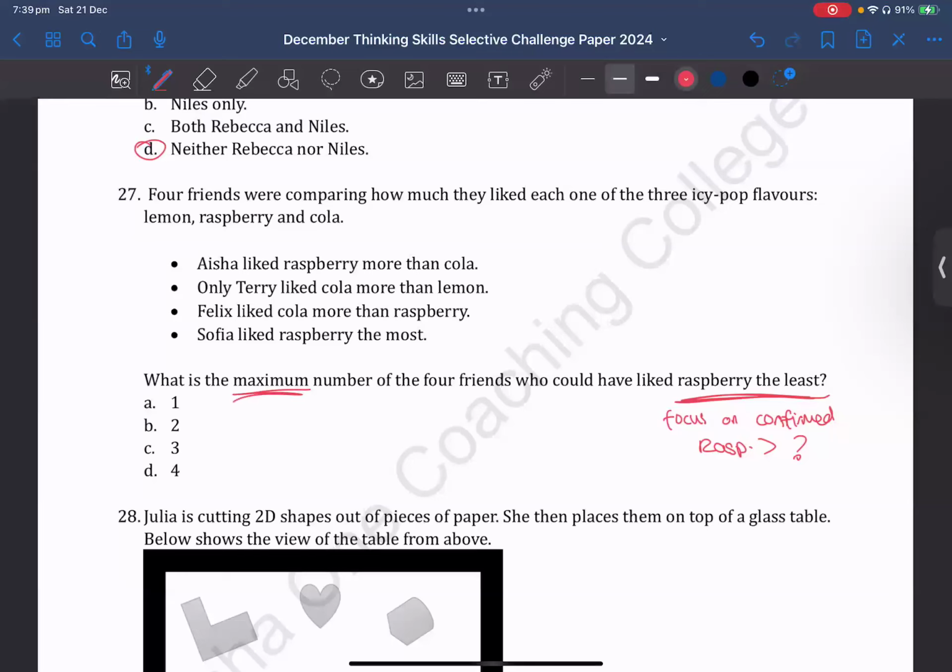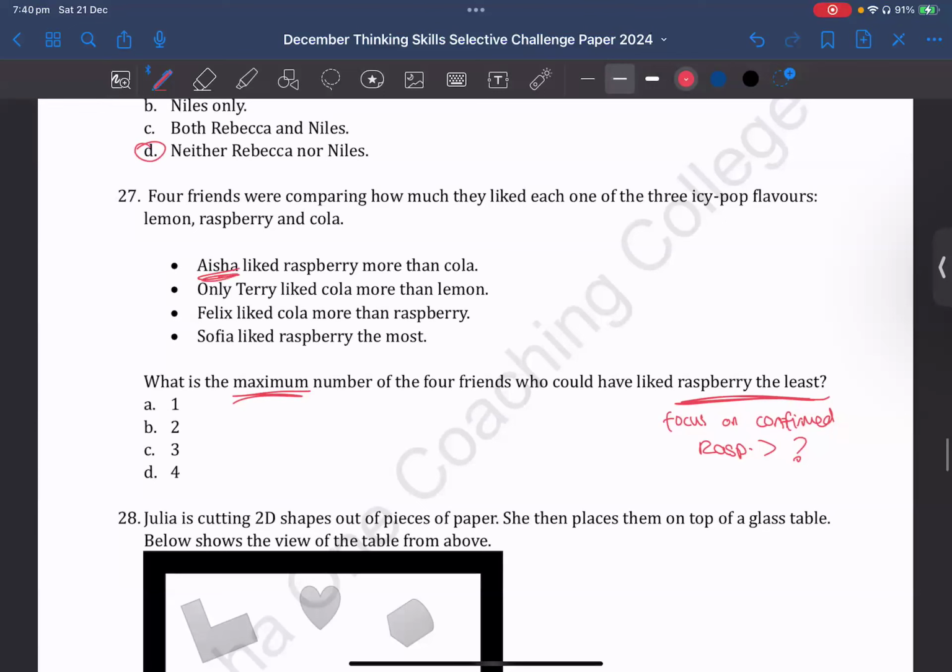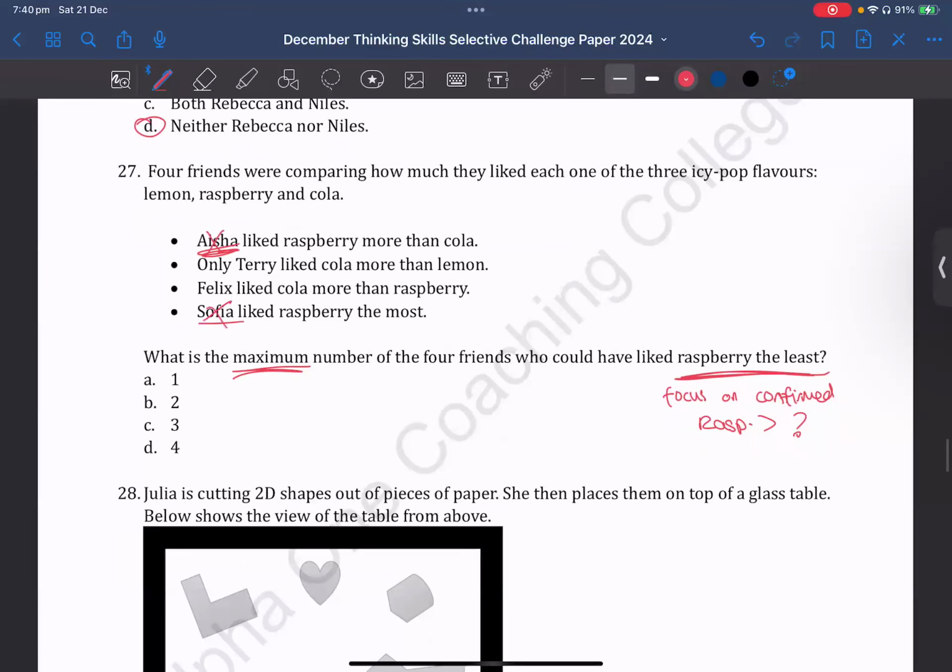Because you want to find the maximum who like raspberry the least, you want to find who is confirmed to not have that. And then you just do 4 minus that number. Going through, I see Aisha likes raspberry more than cola, which means she cannot like it the least. And Sophia liked raspberry the most, which is why Sophia could not have liked it the least. So 4 minus 2 is equal to 2. The best answer for this is B.